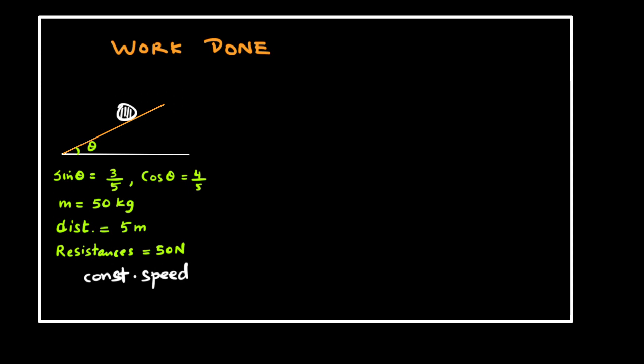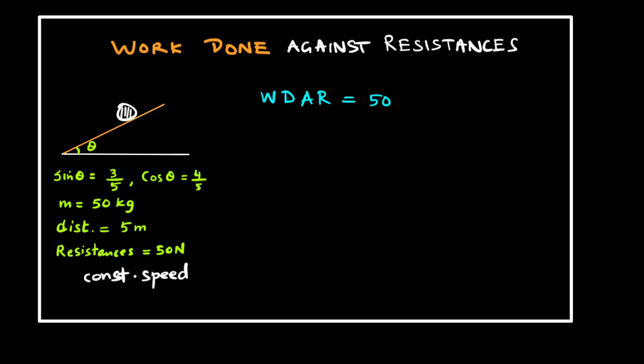And this time I'm interested in finding the work done against resistances. So now it's a sum of all the resistances. So the working is pretty simple. Work done against resistances is resistive force of 50 Newton into distance 5, which comes out to be 250 joules.